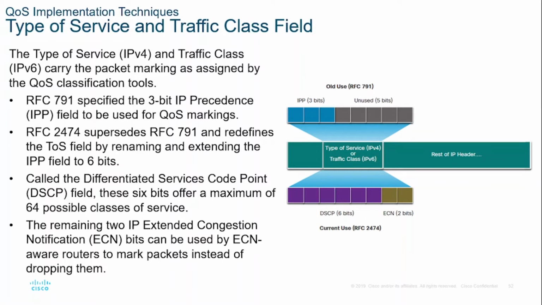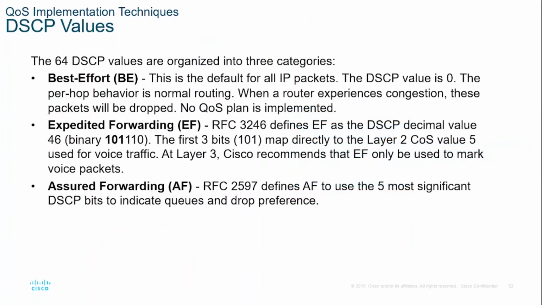The figure displays the content of the 8-bit field that is in RFC 791, the original IP standard, which specified the IP precedence or IPP field to be used for QoS markings. However, in practice, these 3 bits did not provide enough granularity to implement QoS.